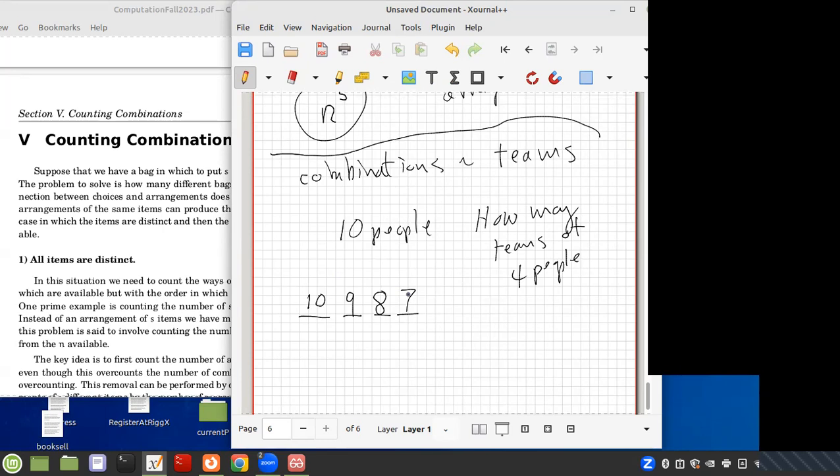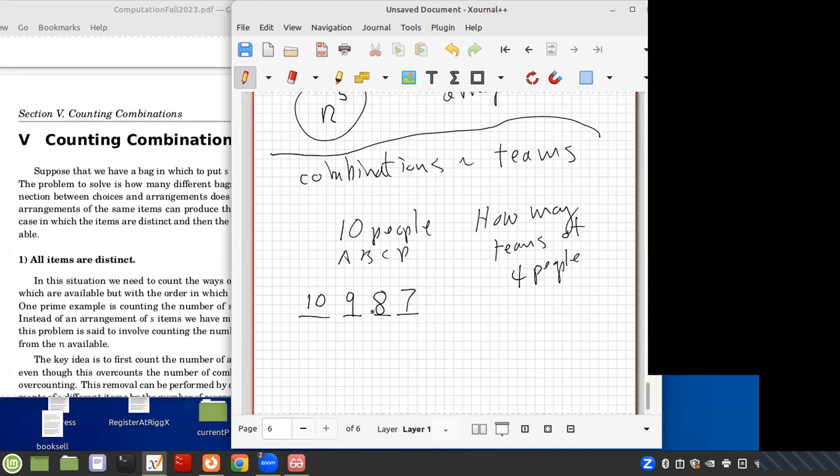But the problem is, for example, let's say the 4 people are A, B, C, and D. I could have chosen A, then B, then C and D, or I could have chosen B first, then A, C, D, and that would be the same team, just mixed up members. So what we're going to do is first write this number of sequences in terms of factorials, right?